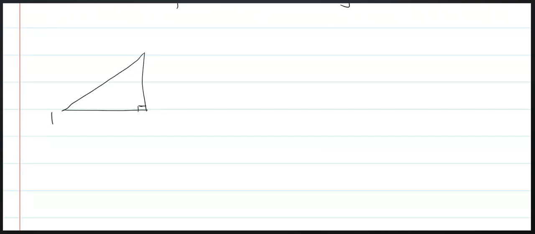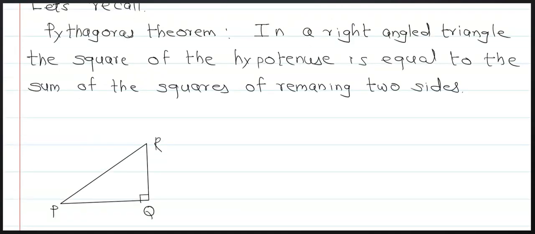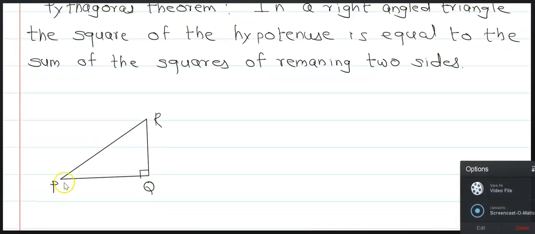Now see this here. In triangle PQR, PR square is equal to PQ square plus QR square. That is, in a right angle triangle, the square of the hypotenuse, here the hypotenuse is PR, is equal to the sum of the squares of the remaining two sides, that is PQ square plus QR square.